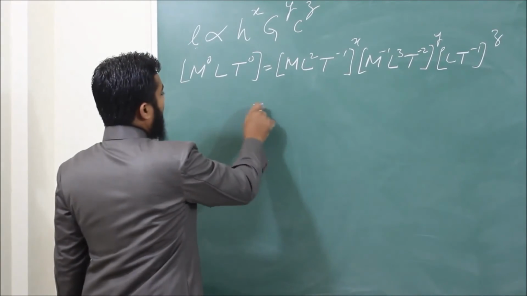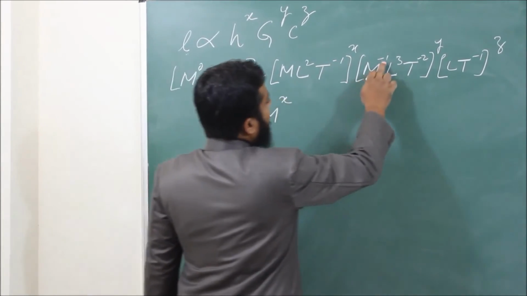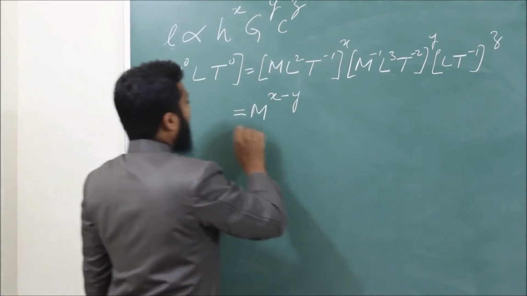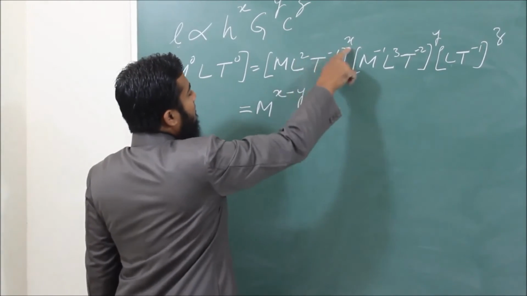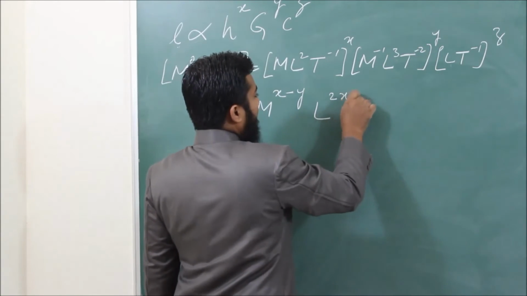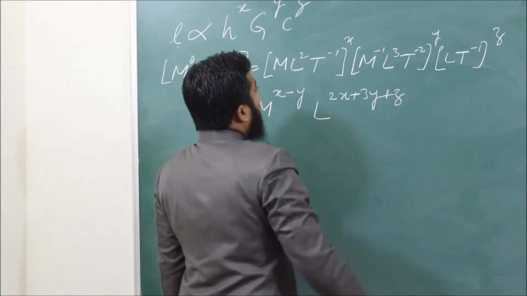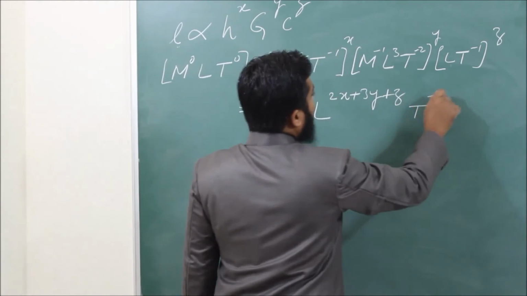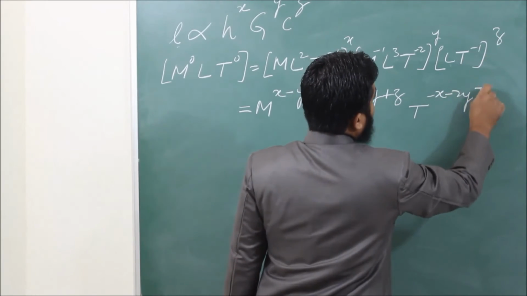Now collect the powers on the right hand side. M will have total power x minus y, and no M there, so just M raised to the power x minus y. And L will have total power plus 2x and plus 3y, and here z, so plus z. Then time will have total power minus x from here and minus 2y and then minus z.